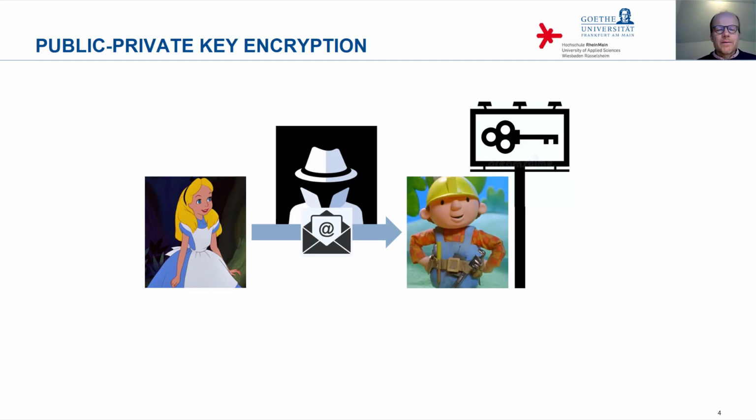So this public key is visible to everybody, and Bob tells everyone who would like to send him a message to please use his public key to encrypt that message. So Alice uses Bob's public key in order to encrypt the message, and then this makes life very hard and unpleasant for the eavesdropper.